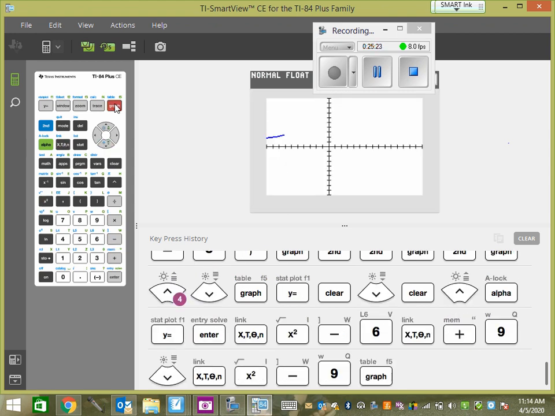Or you could do numerator in brackets divided by denominator in brackets. Okay, so we said we have a horizontal asymptote at 1. So I'm going to go to y equals 1 and then follow it along. Looks like we're right, y equals 1. We said we have a vertical asymptote at x equals -3, so I'm going to go to where x equals -3, draw a dashed line, and then carry it up.